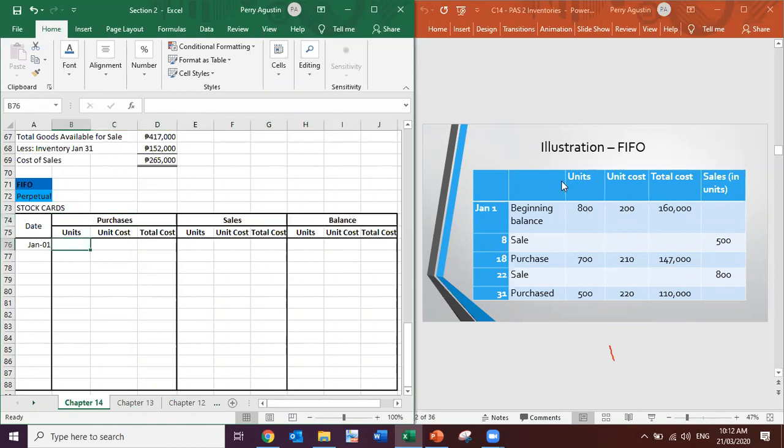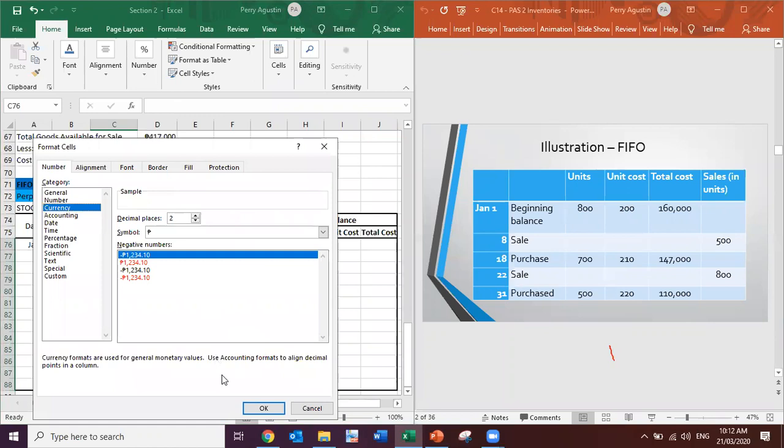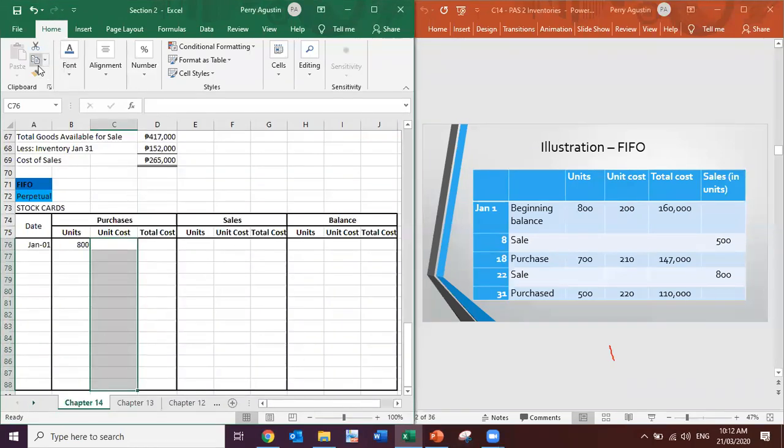So again, I'm going to transfer the 800 here to our Excel. So we have 800. Then we have 200 pesos. So let me just format that for you again so that you won't be confused if it's pertaining to a peso value. There you go. So we have 200 pesos. So how do we get our total cost?